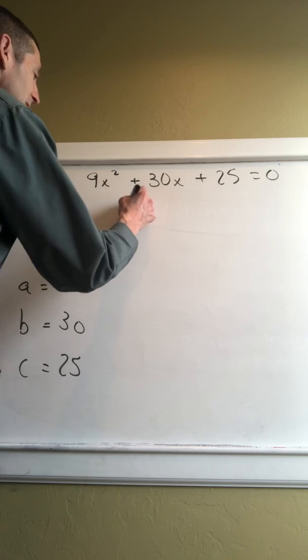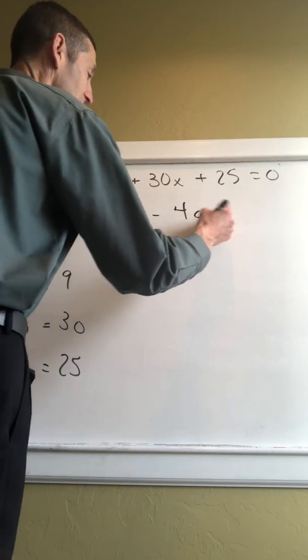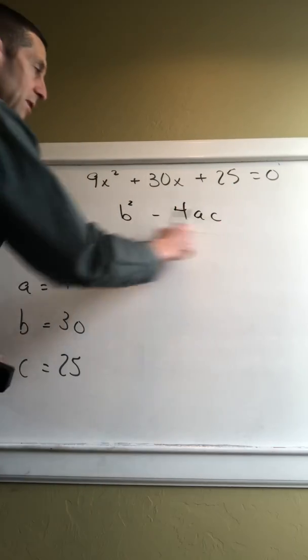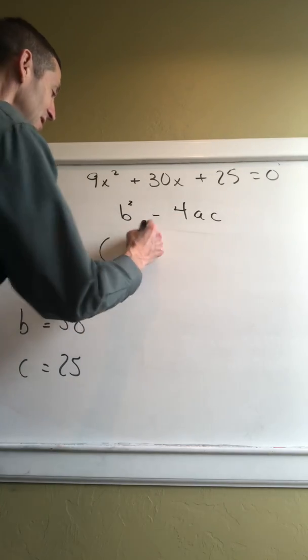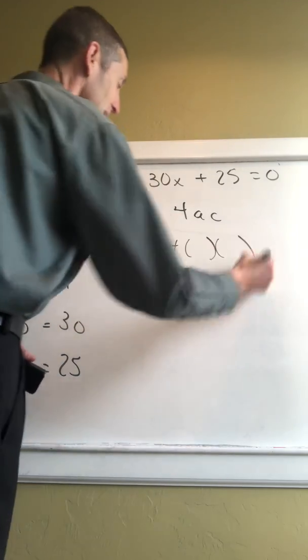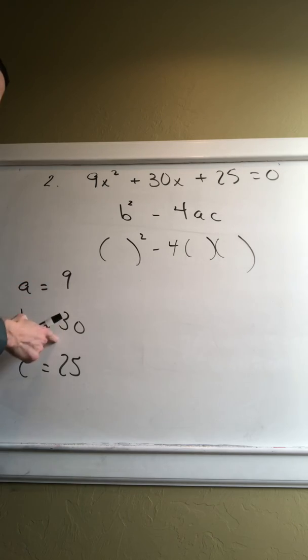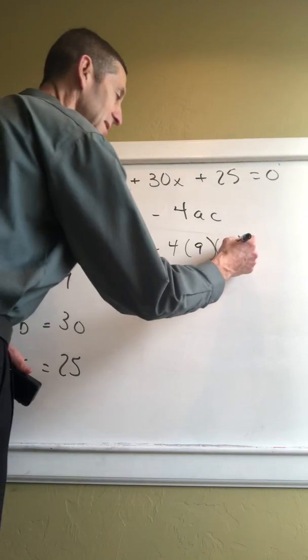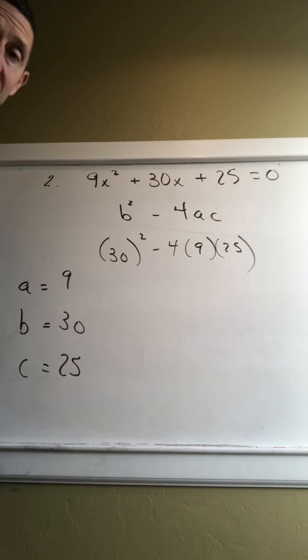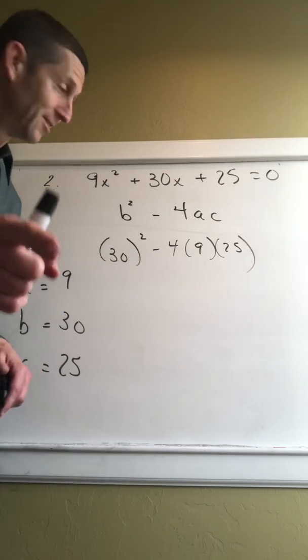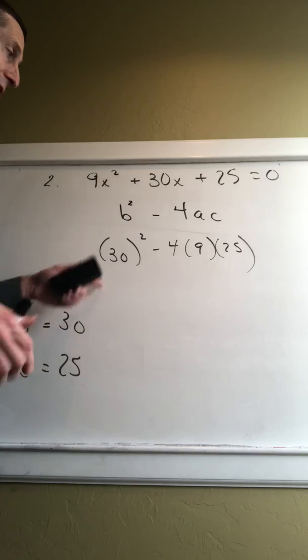We have this formula, b squared minus 4ac, the discriminant. Let's plug in and find some answers. B first, then A, then C. And right about now you're thinking, I need me a calculator. Or you could just be waiting on me: what's 30 squared?